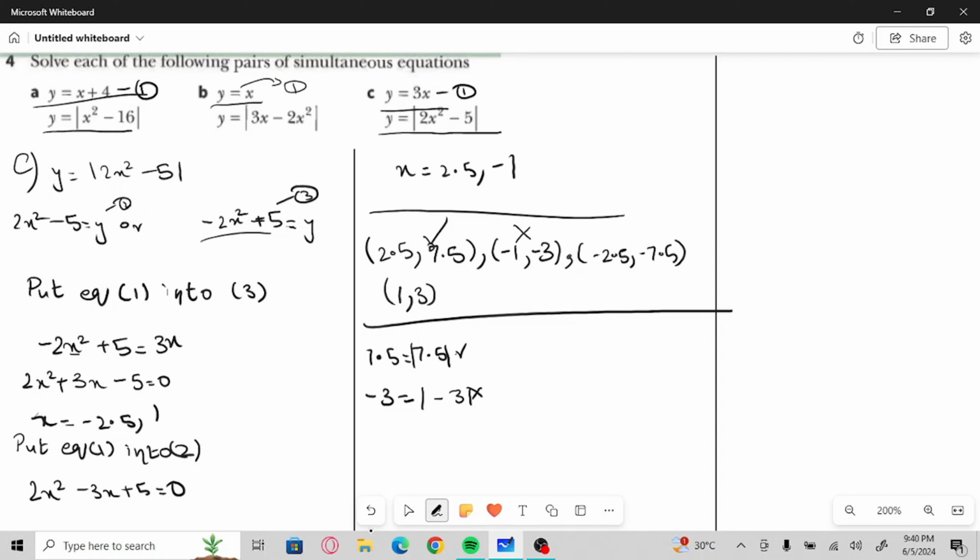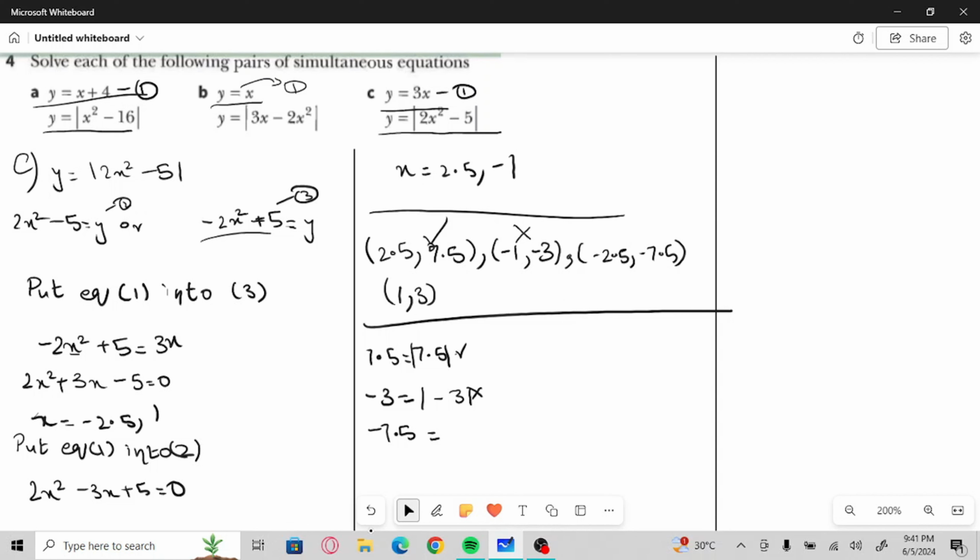Third value, we have minus 7.5 and minus 2.5. Again, this will directly not be correct. Minus 7.5 is equal to 2 multiplied by minus 2.5 squared. Sorry, wait a second.